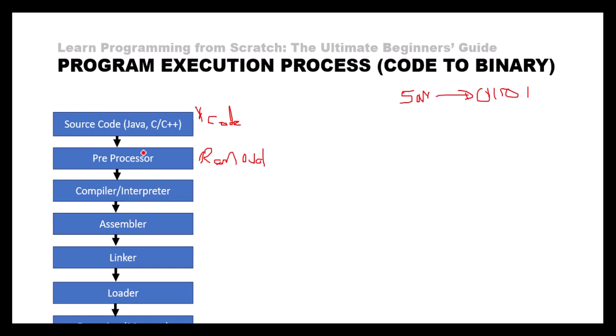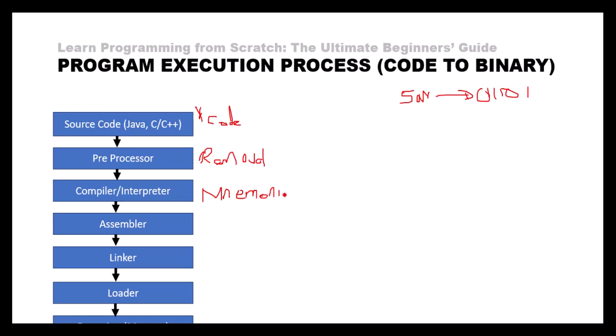After the preprocessor is done, to get the source code that it has prepared for compilation, you need to run it into the software called a compiler or an interpreter. The interpreter here is not going to convert the source code into binary directly, no. What will happen is that you're going to have what you call mnemonics.